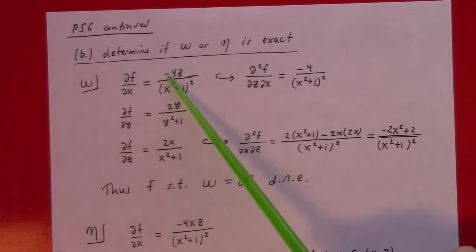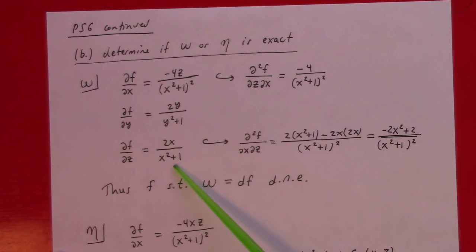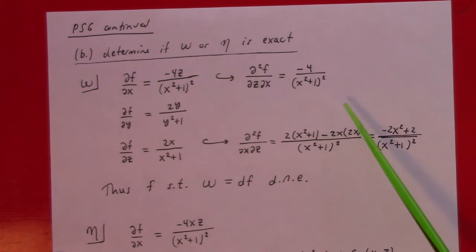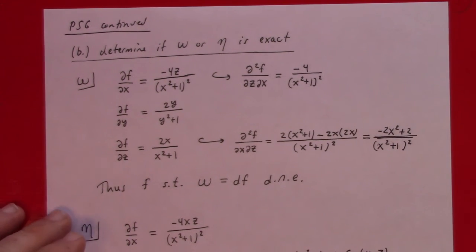So when I differentiate that with respect to x, I get this. With respect to z, I get that. But when I differentiate this with respect to x, I get that. And these are not equal, therefore, it cannot be the case that omega is the differential of a potential function in this case.